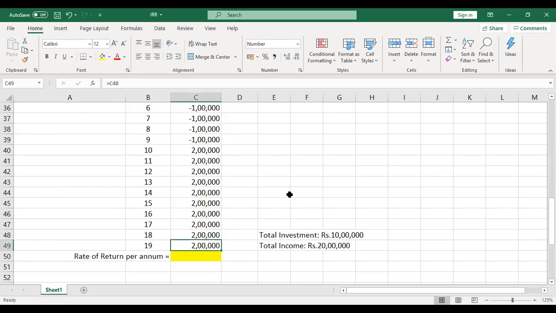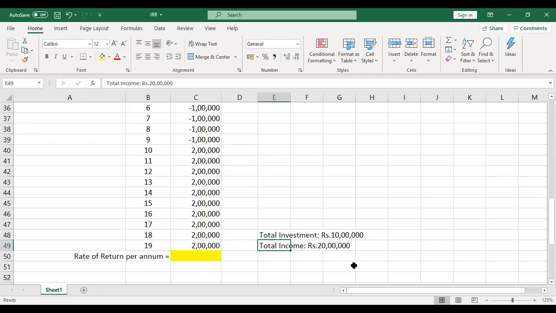So this is a very popular investment scheme, and unfortunately, many people are fooled in this scheme. The people who sell this scheme come and tell you your investment is 10 lakh rupees because you're paying 1 lakh every year for 10 years, and from the 11th year onwards, the company is paying you 2 lakh rupees every year for the next 10 years.